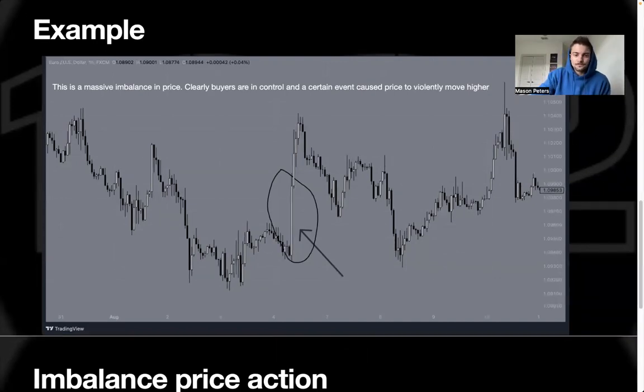Notice something here. Notice how the body of this 1 hour candlestick does not get filled by the next 2 or 3 hours following that period of time. Like, these candlesticks right here do not come down and trade through any of this body. So this body indicates an imbalance in price.